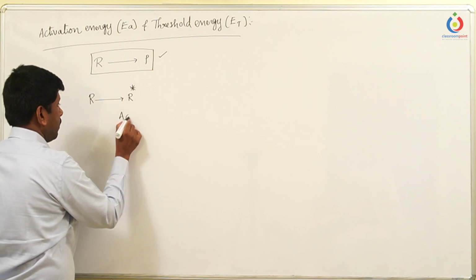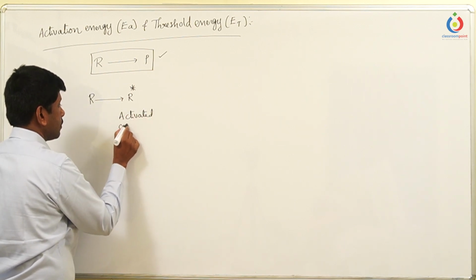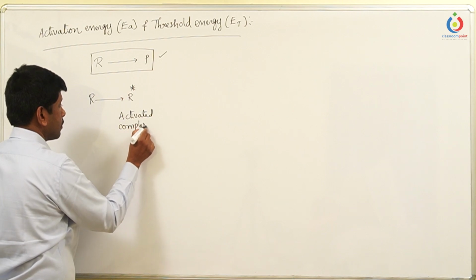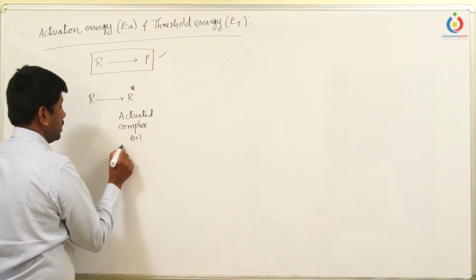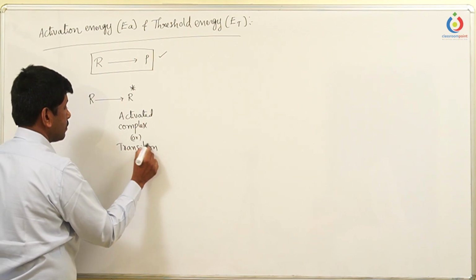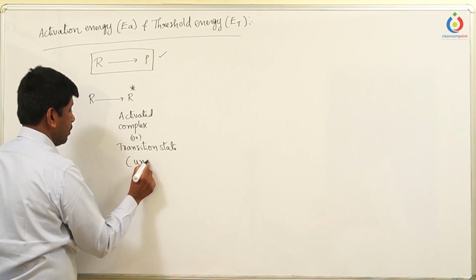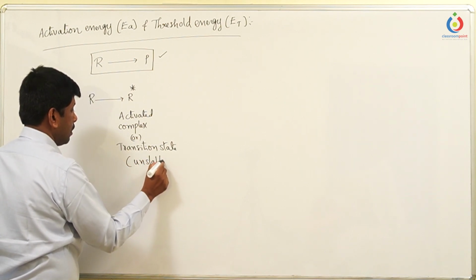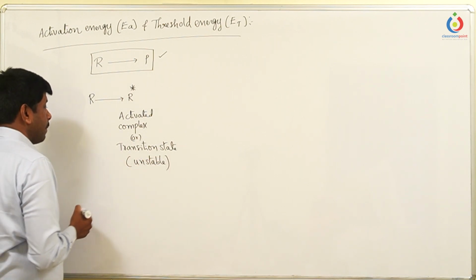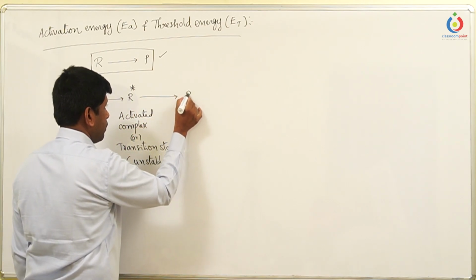This is called the activated complex, or it is also known as the transition state. This is highly unstable and cannot be isolated. This transition state may then convert into the product.